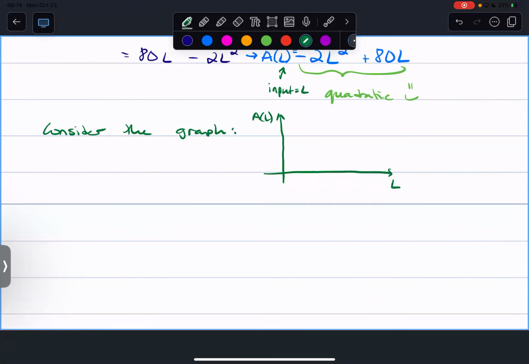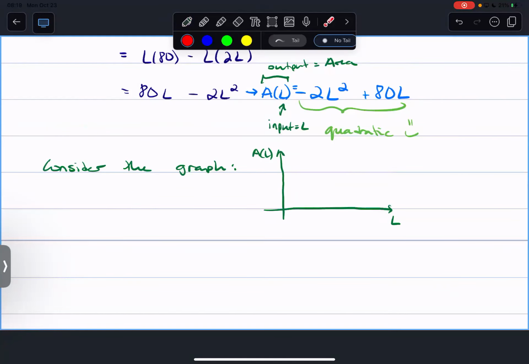Knowing that it's a power of 2 or a degree 2, we know that it's got a general parabolic shape, but the negative flips it down. And so let's just, for the sake of argument here, draw it like this.